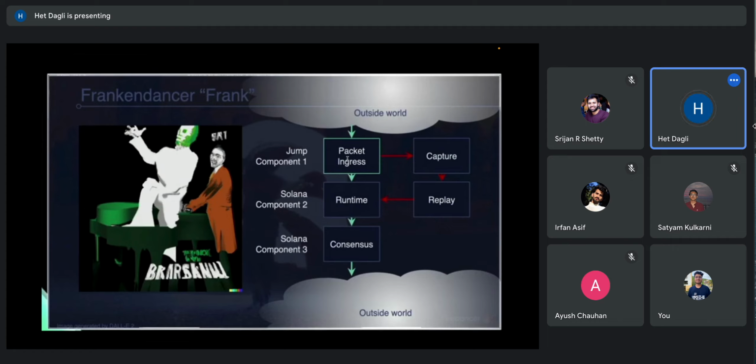You can think of it like there will be an upgrade where this component will be built by Jump, and the other two will be the Solana native components, which will be rewritten in C and C++. That is one more thing: we want language diversity just to avoid any bugs. So there will be two separate clients, but Jump will approach it component-wise.